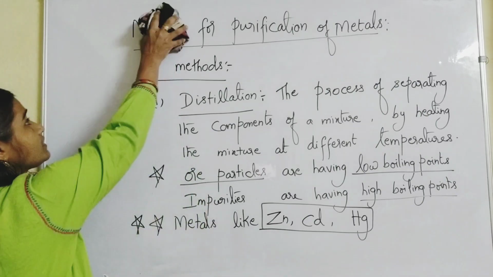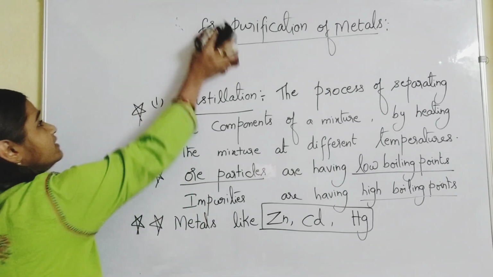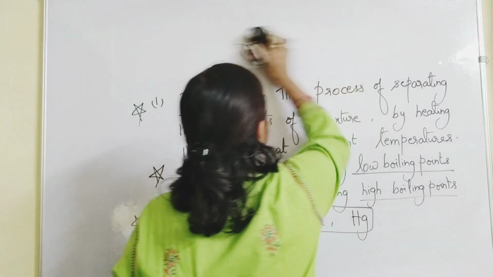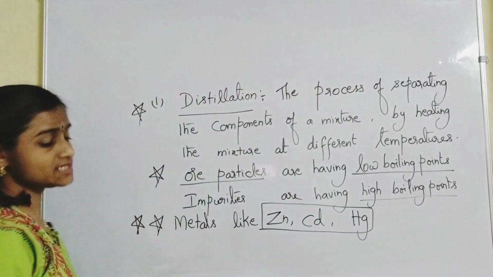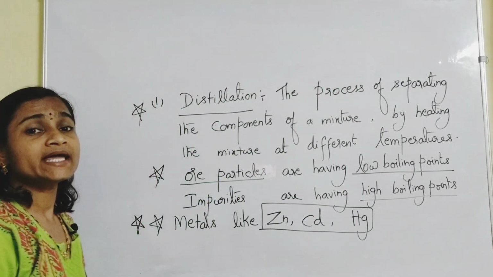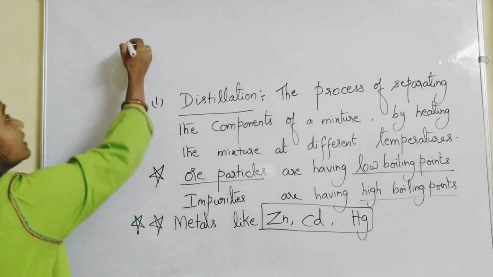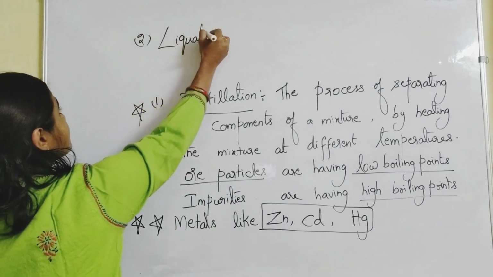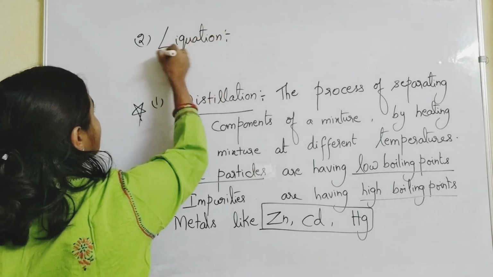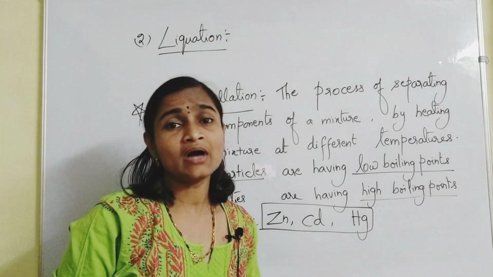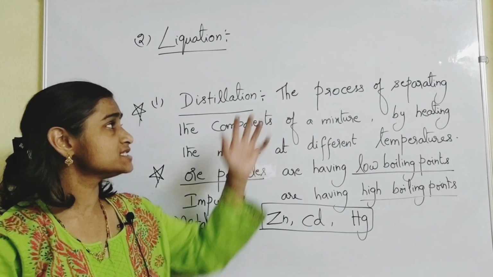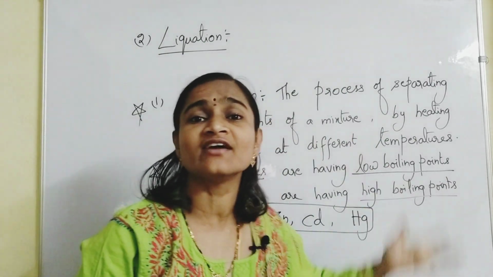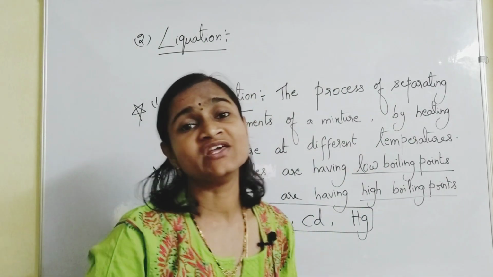Method number 2. What is the second method? The second method is liquation. If you understand the points of distillation, you yourself can write the points for liquation also.